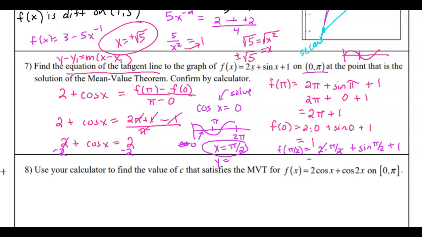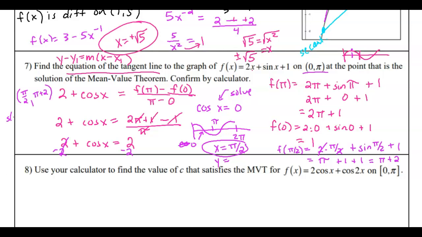The 2's cancel, so I get pi. The sine of pi over 2 is right here, so it's 1 plus 1. So our y value is pi plus 2. So we've got the ordered pair, pi over 2, and then pi plus 2. I know this looks weird, but that's just what it is.